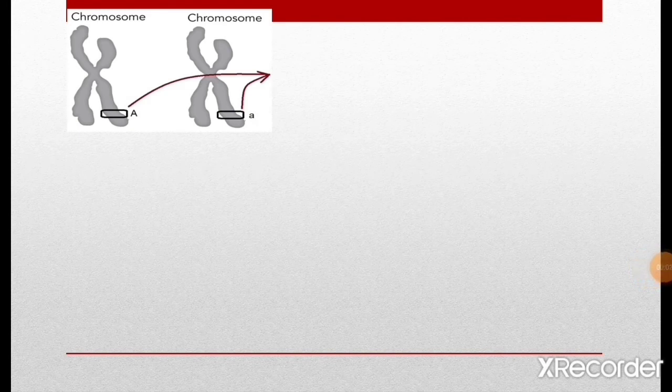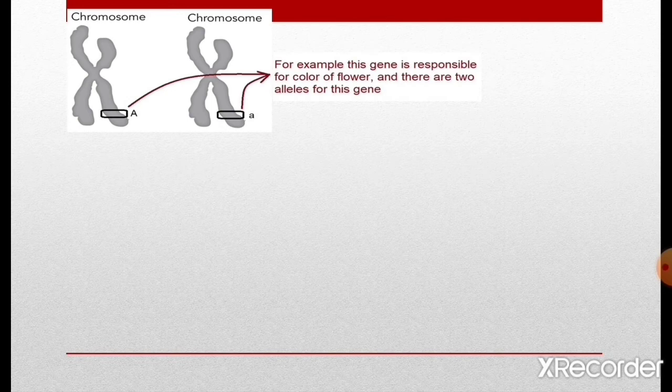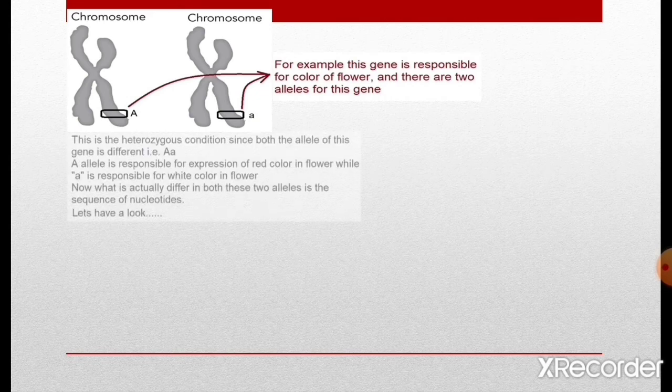Now look at this figure. In this figure, for example, this gene is responsible for color of flower and there are two alleles for this gene: a capital A and a small a. This is the heterozygous condition since both the alleles of this gene are different.